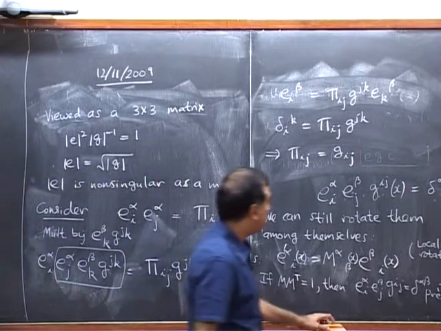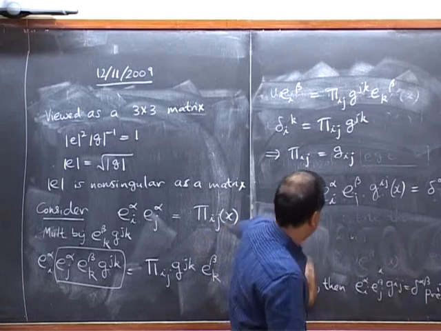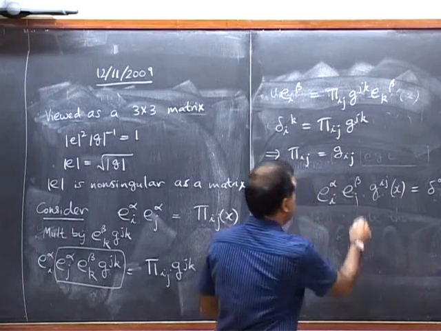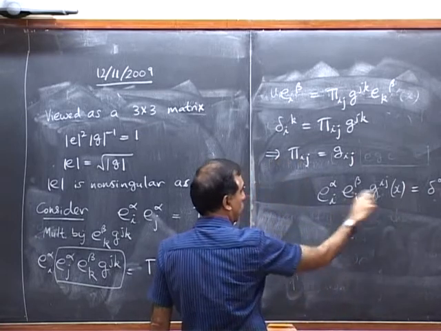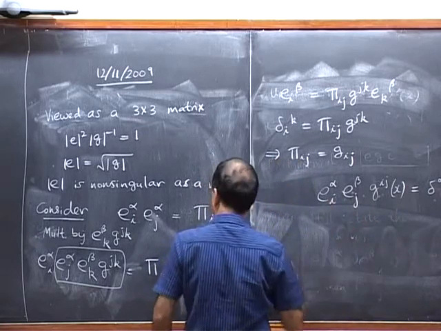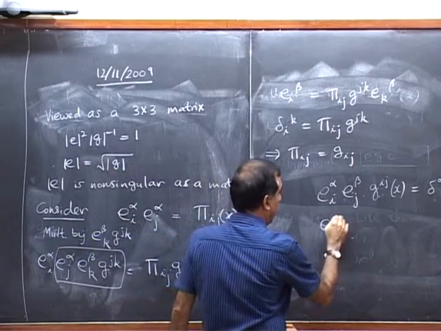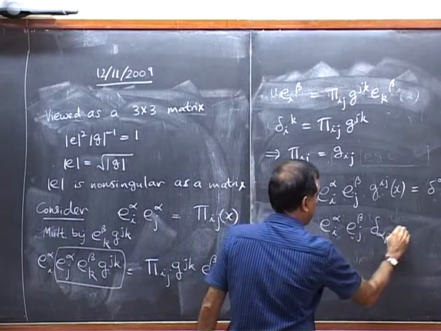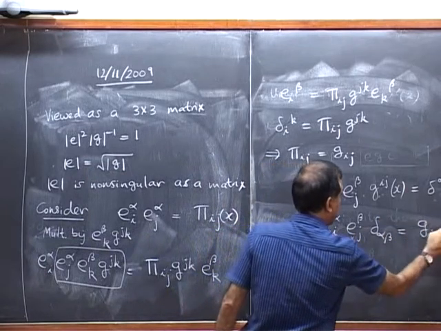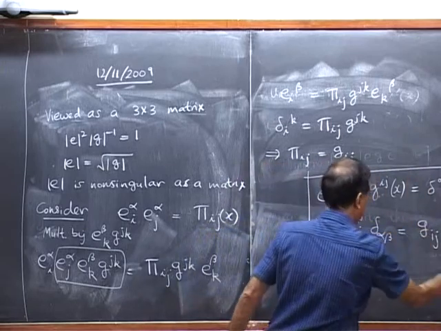So what have we learned? We've got a very nice relation which is suitable to be written just below this one. This we already got from the beginning. This is the orthonormality. The new relation we've got is this one, which I'm going to write E i alpha E j beta delta alpha beta is equal to G ij.